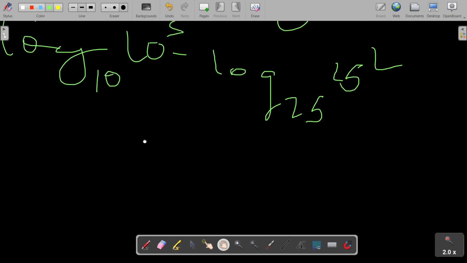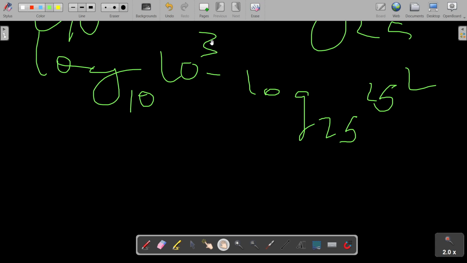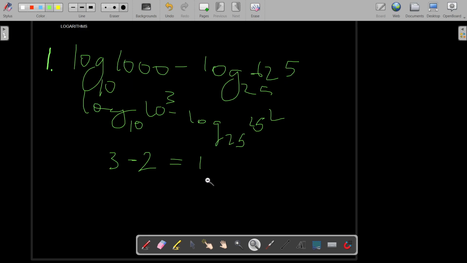And if we use the property number 1, we can say that the power raised of the base in the argument is 3. So answer will be 3 minus, we put minus as it is. The power raised of base in the argument is 2 here. So this becomes 2, 3 minus 2 is 1. So this is the answer for this particular expression.